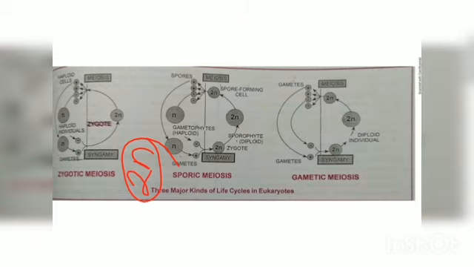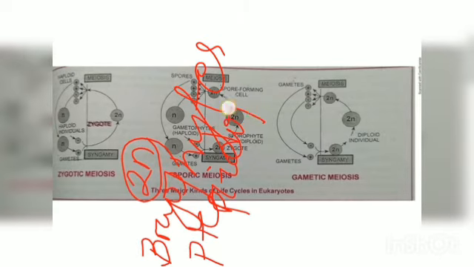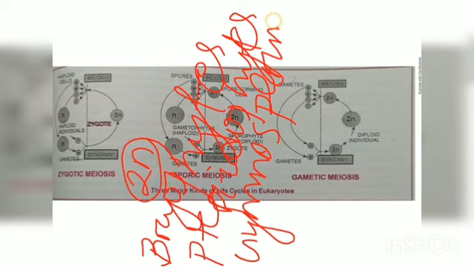They are the bryophytes, then your pteridophytes, then your gymnosperms, and another group which can create spores, they are the angiosperms.